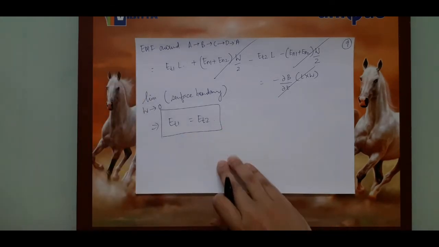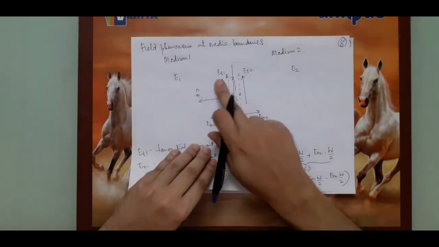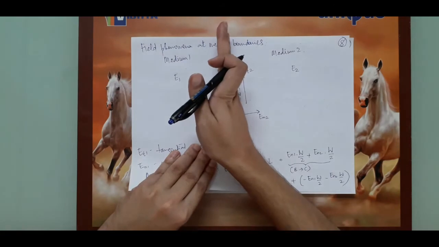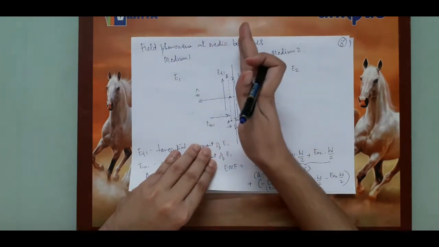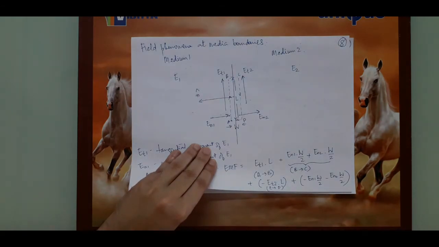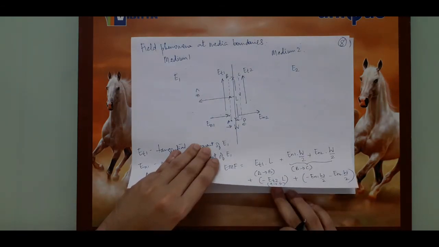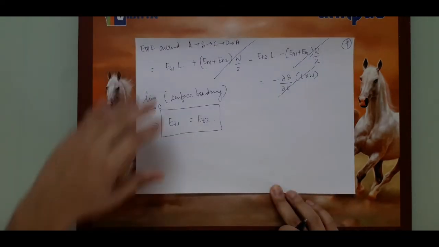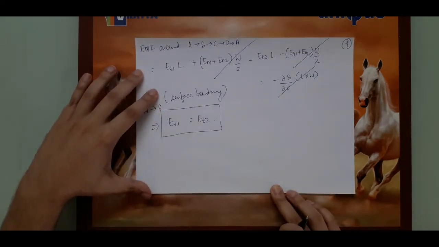So what are we proving? We saw ET1 and ET2 are equal. So the tangential component on this side just at the boundary and the tangential component on this side just at the boundary are continuous. They are equal. This is something very interesting. So the electric field tangential components coexist as if there is no boundary.